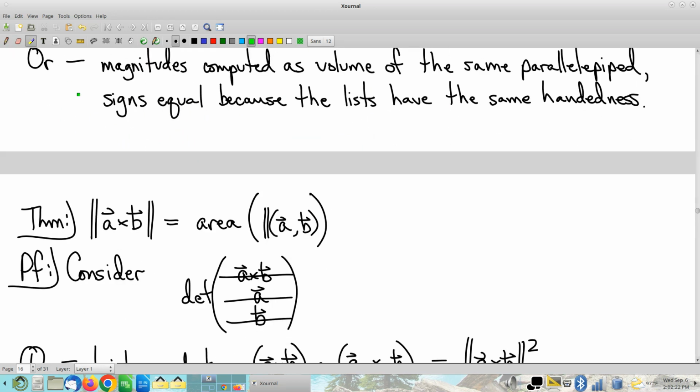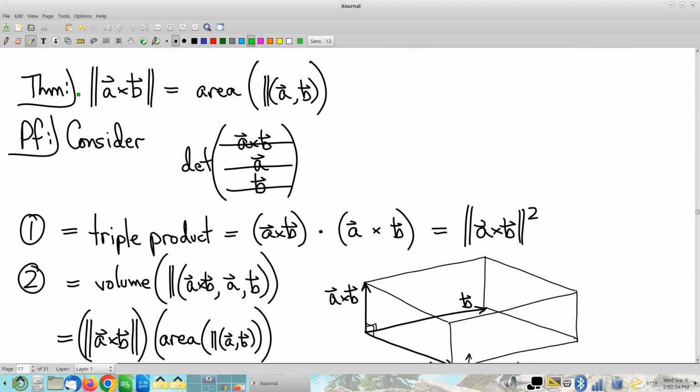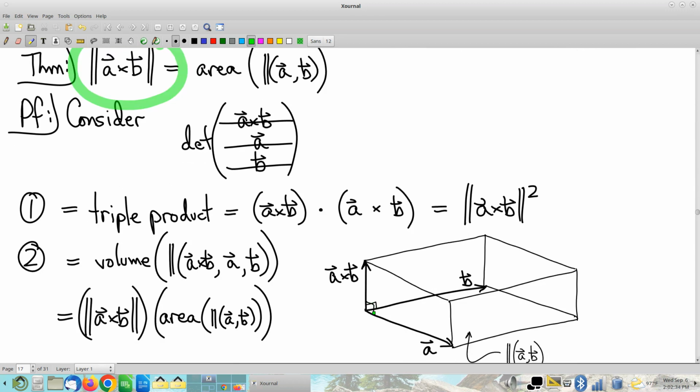All right. This is a weird one. It's a beautiful proof. Very cool. The magnitude of a cross product, which, by the way, looking at a picture down here, there it is. That length, the magnitude of that cross product, is equal to the area of the resulting parallelogram.